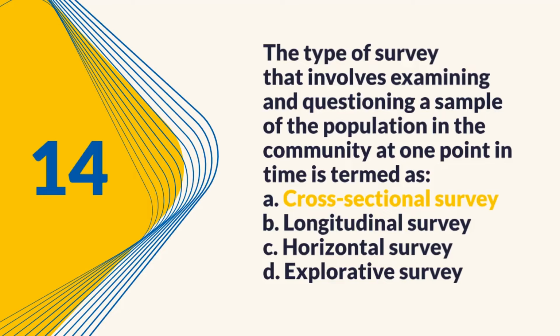A cross-sectional survey involves examining a sample of the population at one specific point in time, providing a snapshot of their characteristics or health status. A longitudinal survey, B, tracks the same population over a longer period. Horizontal survey, C, isn't a standard term here, and explorative survey, D, is more about initial investigations. So, the correct answer is A, cross-sectional survey.